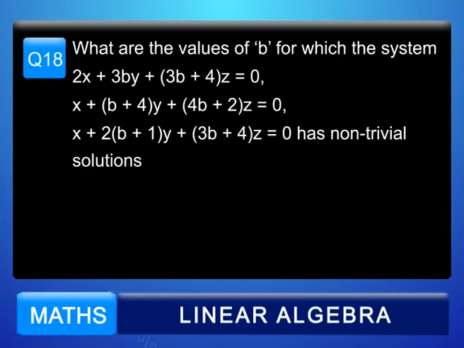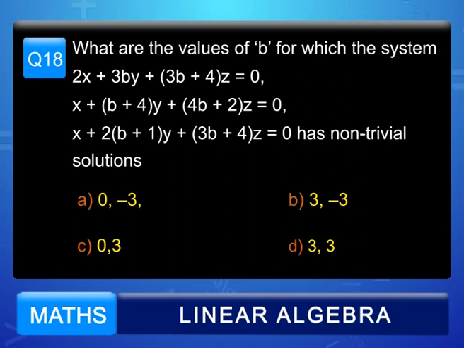Next problem. Question number 18. What are the values of b for which the system of equations 2x plus 3b y plus (3b plus 4) z is equal to 0, x plus (b plus 4) y plus (4b plus 2) z is equal to 0, and x plus 2(b plus 1) y plus (3b plus 4) z is equal to 0 has non-trivial solutions.